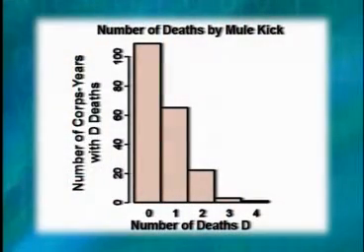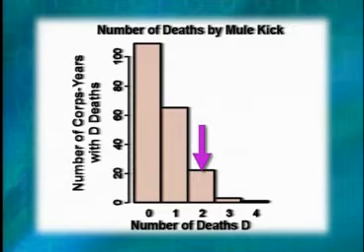Let me give you an example that we saw before. This is the number of deaths by mule kicks in the Prussian army over a period of 200 corps years. In 109 of those corps years, no deaths occurred. In 65, 1 death occurred. In 22 corps years, 2 soldiers died from mule kicks, etc.